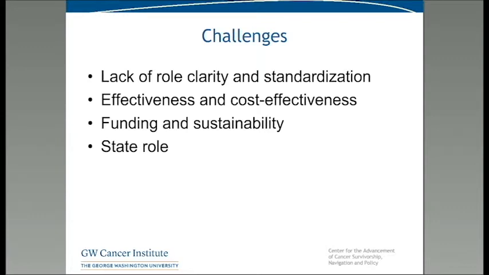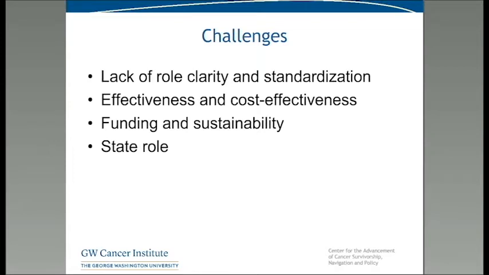In 2013, the GW Cancer Institute conducted a national web-based survey of healthcare professionals at institutions with patient navigation or clinical survivorship programs. Respondents were asked to identify patient navigation caseload, measures tracked, tracking tools, clinical tools, funding, challenges, and recommendations for financial sustainability. 100 respondents completed the survey.